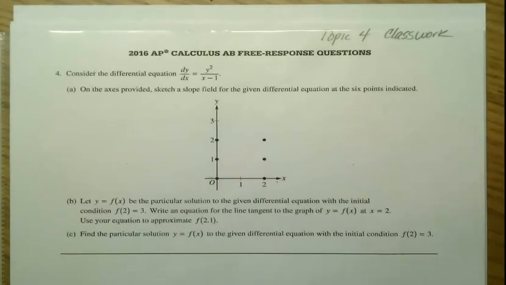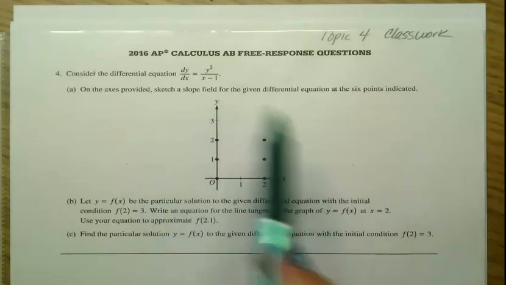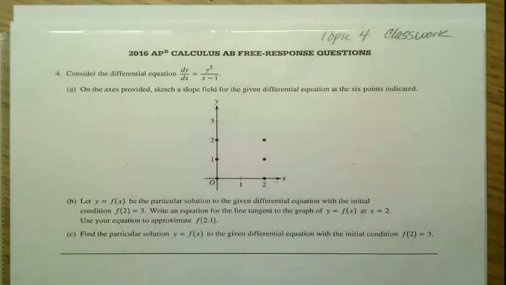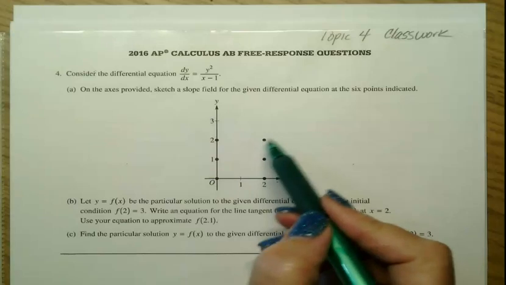The other type of slope field question are the ones we've already studied this year when we did differential equations and slope fields. We had graphs that had not been completed, had certain dots on the graph, and you had to create a slope field. So you had to find the slope at each point. If the slope was 1 and positive, then you would do a 45-degree line right here.